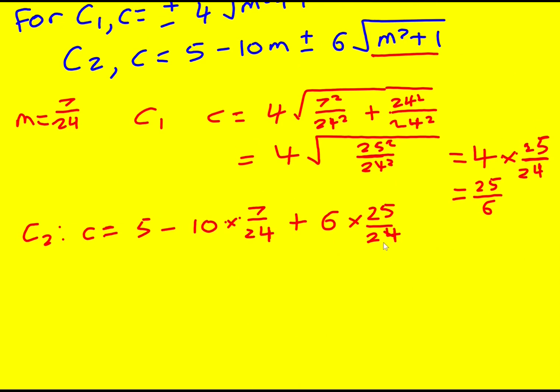Remember, I'm trying to see if it's equal to 25 over 6. So I've got 5, I've got minus 70 plus 150, so it's going to be plus 80 over 24. And this is clearly too big because 25 over 6 is 4 and a bit. So I'm going to reject it already. I don't need to actually work out what it is.